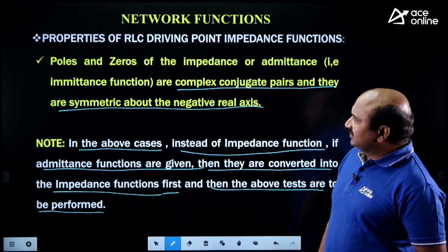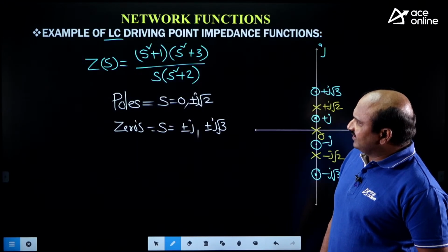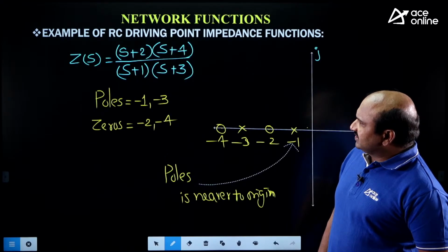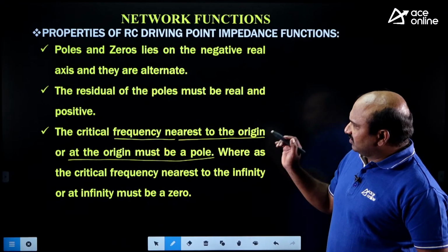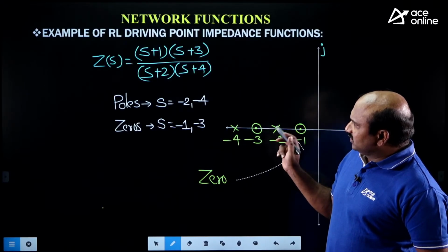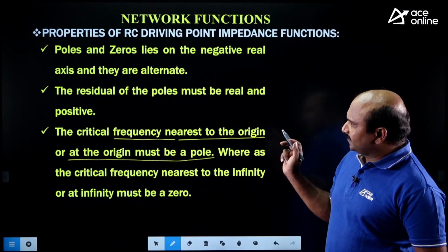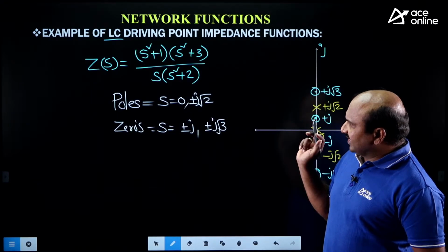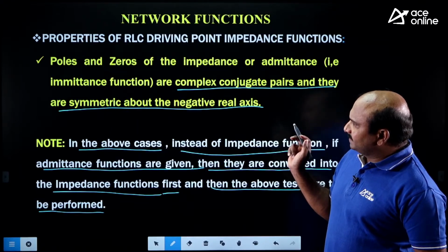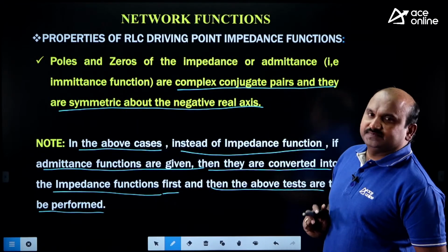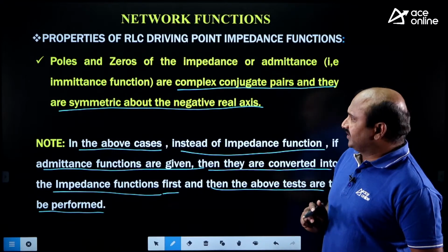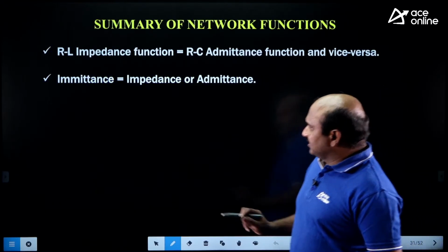Have you got that? The three conditions you have taken: first RL, this one; next RC, this one; next LC, this one; next RLC. This is a very important topic. Let me consider this here.